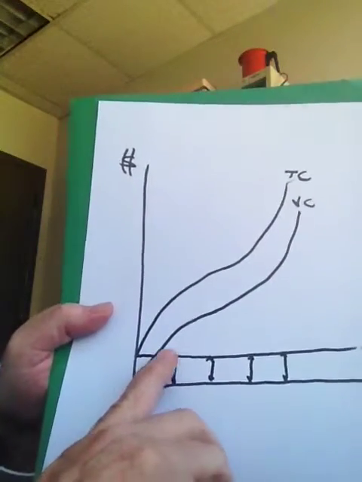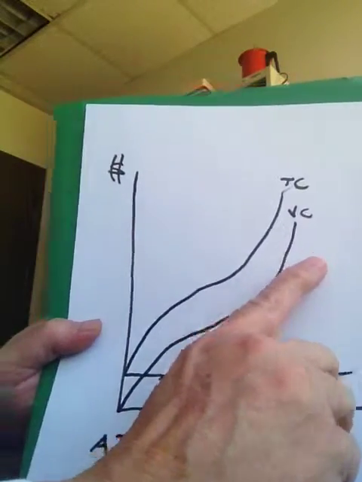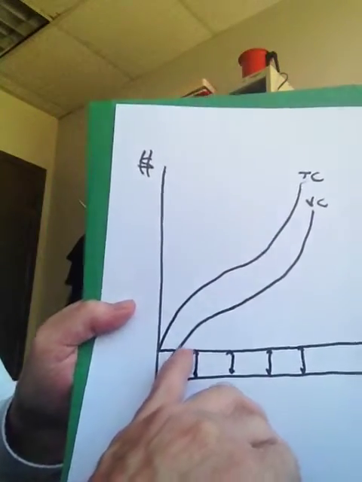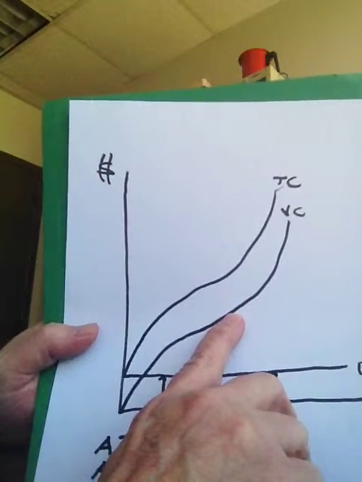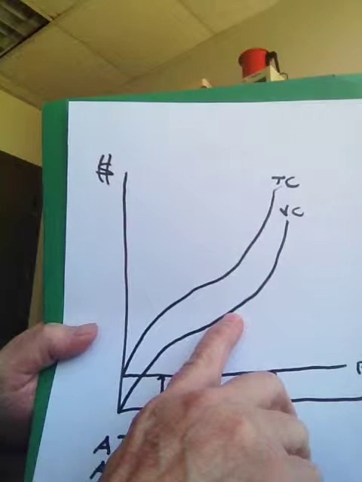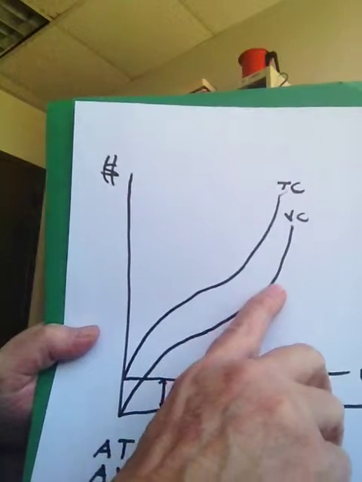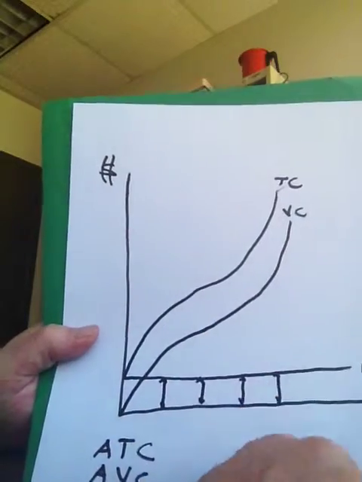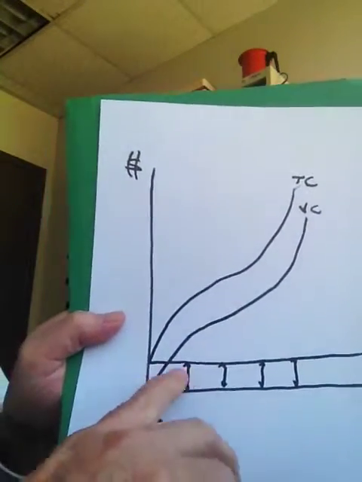Notice that the variable cost curve was a compound curve. First, it's rising at a decreasing rate, illustrating diminishing marginal costs. Then it starts rising at an increasing rate, showing increasing marginal costs.